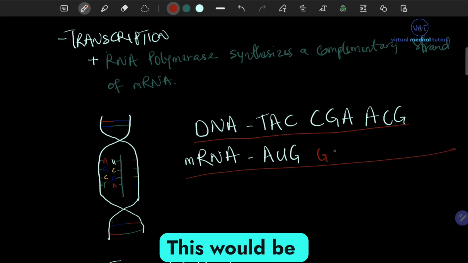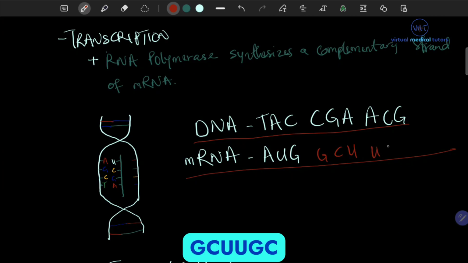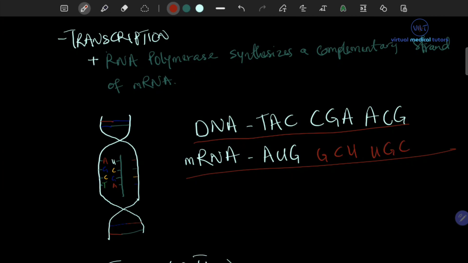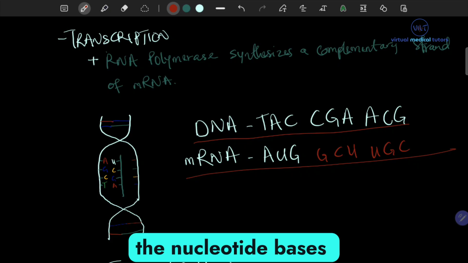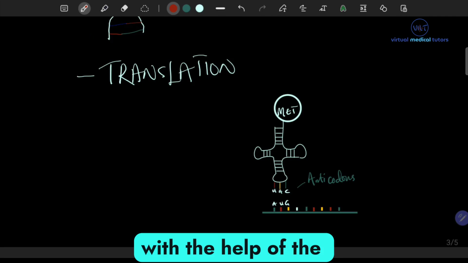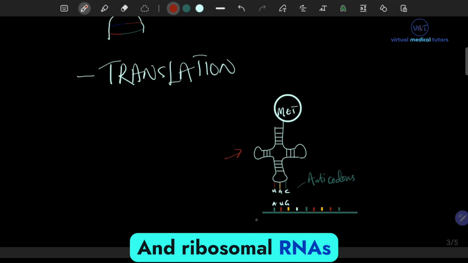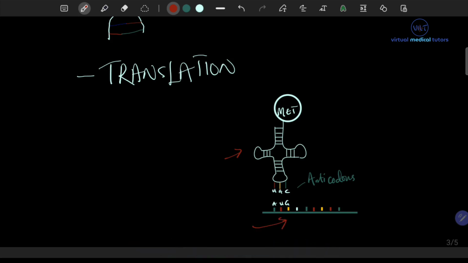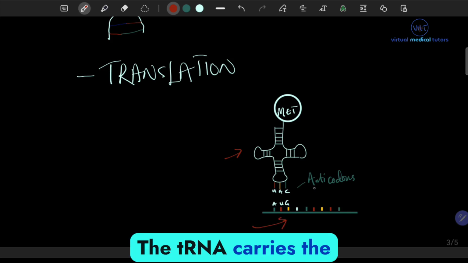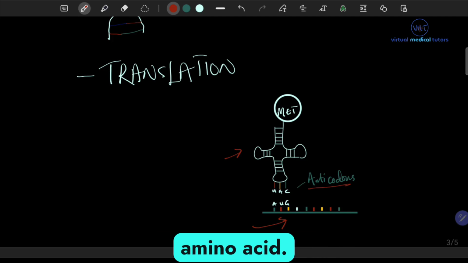This would be GCU, UGC, just based on how the nucleotide bases pair. The codons are then translated to proteins with the help of the tRNA and ribosomal RNAs. The tRNA carries the corresponding anticodons and uses this to bring the desired amino acid.